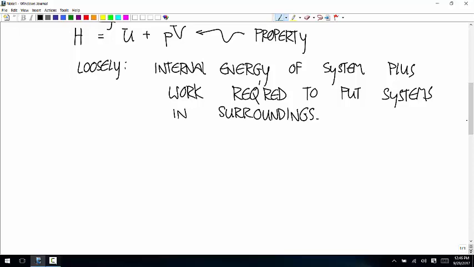In tables, it's given as an intensive property. So if it's given as lowercase h, that's the specific enthalpy, so that's the enthalpy per mass. And if it's given with an overbar, that's per mole.